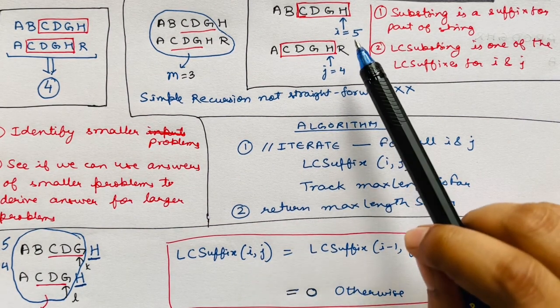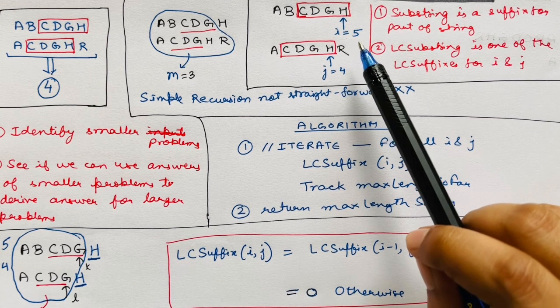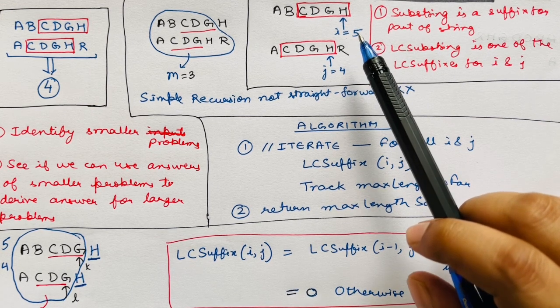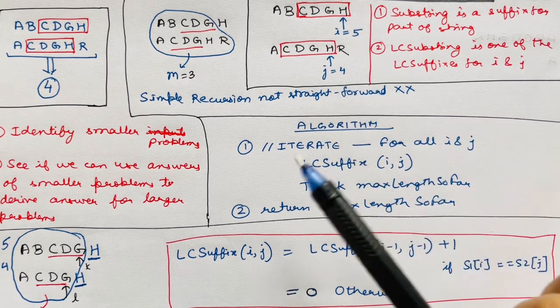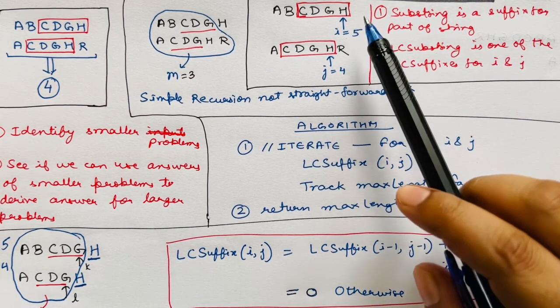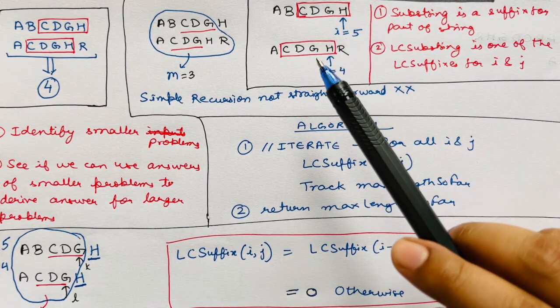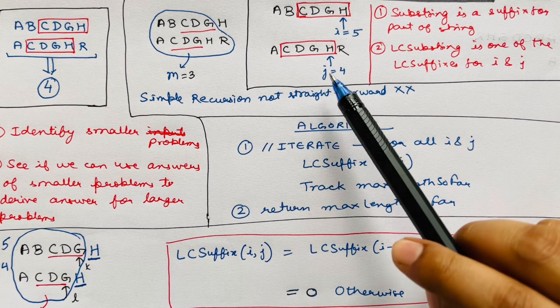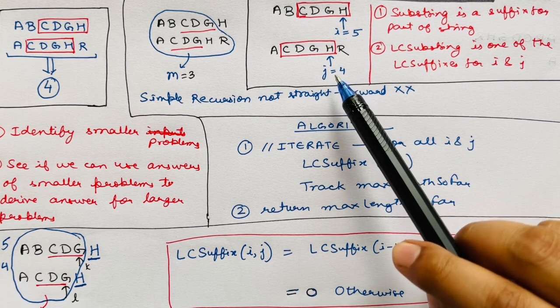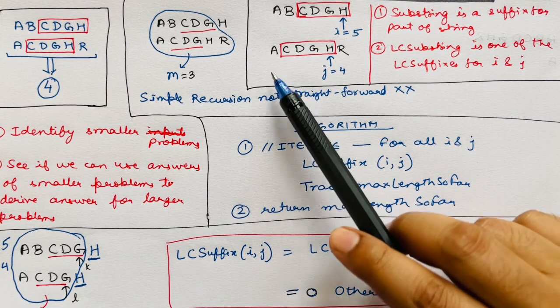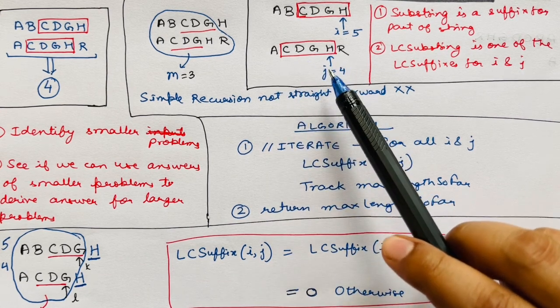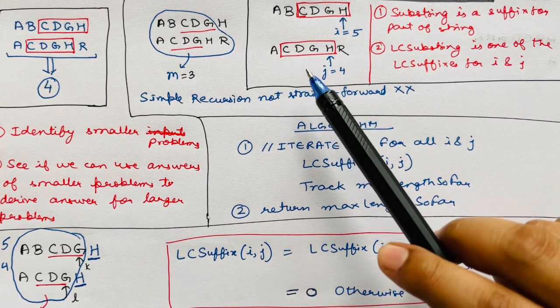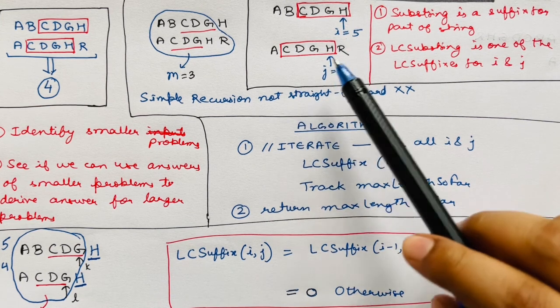Here in the first string i is equal to 5 because it is at the fifth index that this string is ending, but we are considering 6 characters in total. Similarly here j is equal to 4, that means it is at the index 0, 1, 2, 3, 4 where the string is ending, but we are considering 5 characters.